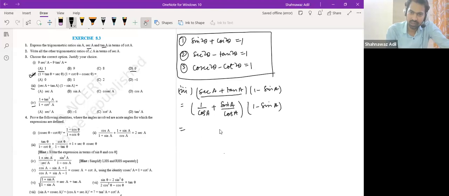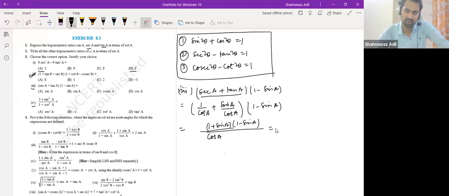So cos A is in LCM, right? And this is 1 plus sine A, and then 1 minus sine A. So what is this identity? 1 plus sine A times 1 minus sine A would be 1 square minus sine square A. So 1 minus sine square, and then this is cos A. Do we know what this is?